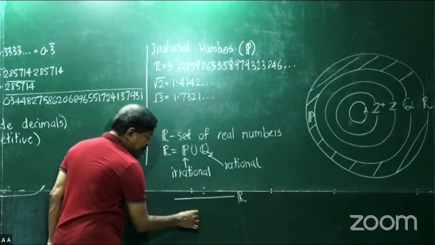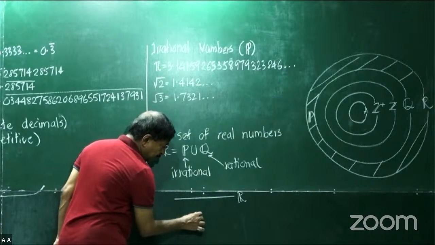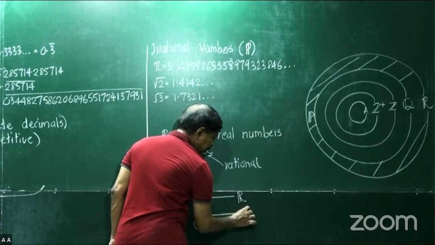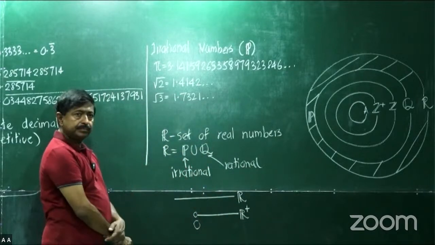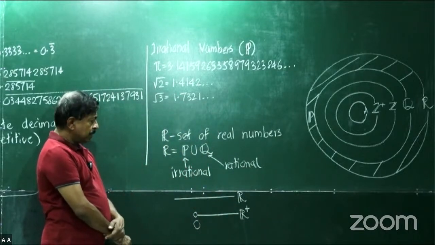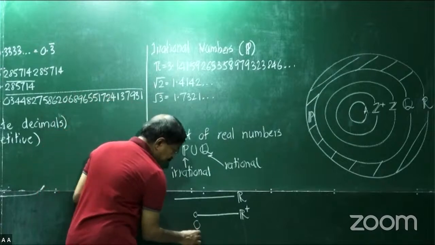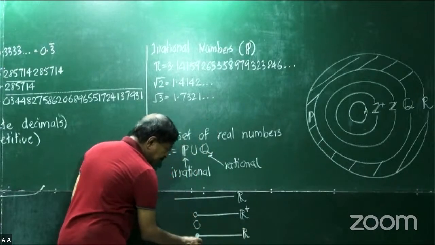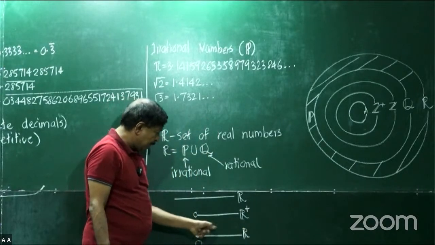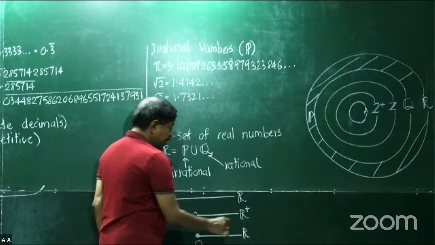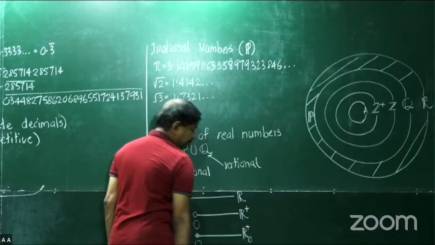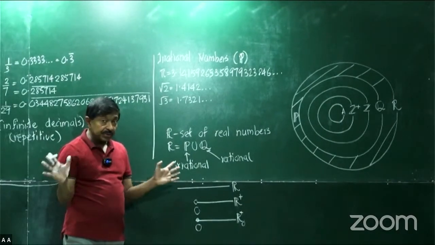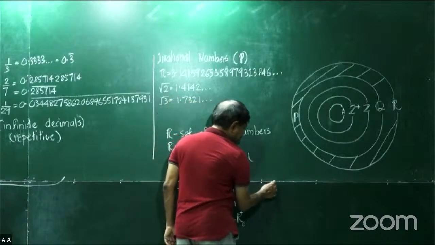If 0 is excluded and you take all positive reals, you write it as R plus. Similarly, if you have 0 together with this, meaning 0 and all positive numbers, it is R0 plus. The notation is consistent with Z as well.